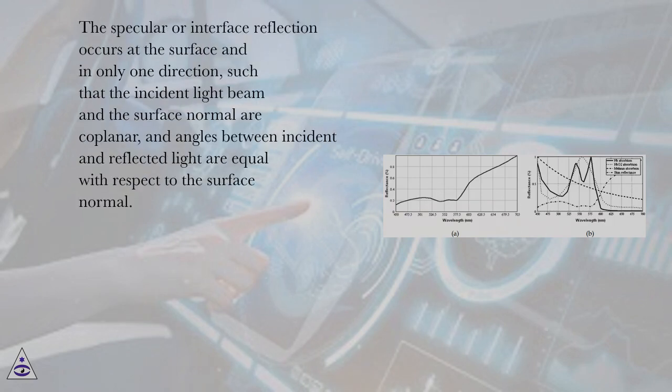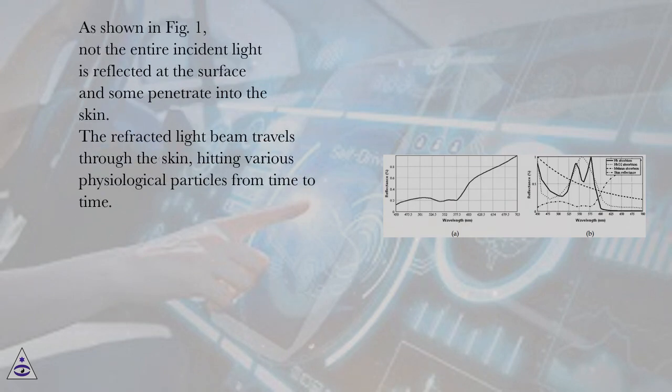The specular or interface reflection occurs at the surface and in only one direction, such that the incident light beam and the surface normal are coplanar, and angles between incident and reflected light are equal with respect to the surface normal. As shown in Figure 1, not the entire incident light is reflected at the surface and some penetrates into the skin. The refracted light beam travels through the skin, hitting various physiological particles from time to time.